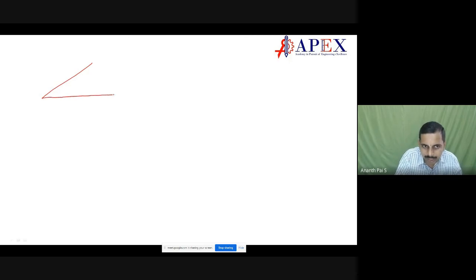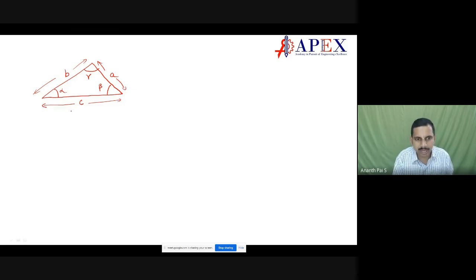For example, if I have a triangle where this is angle alpha, this is angle beta, and this is angle gamma, and this is side B, this is side A, and this is side C. These are all basics, students, we might have lost it.